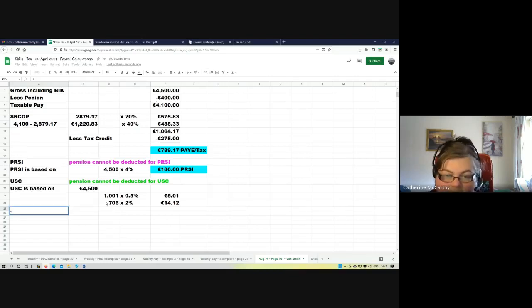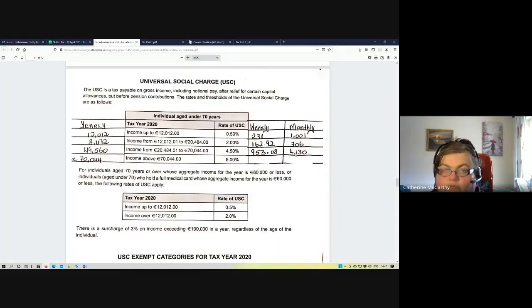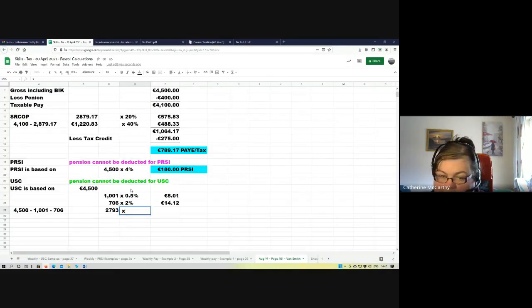And then the balance: 4,500 less 1001 less 706 gives us 2793. That is below the 4130, so that would be USC at 4.5%, which is €125.69.